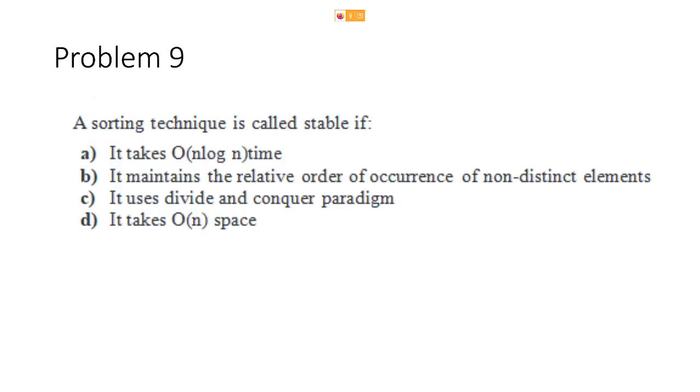Okay, let's look at problem number 9. A sorting technique is called stable if: it takes n log n time, it maintains the relative order of occurrence of non-distinct elements, it uses divide and conquer, or it takes order n space.